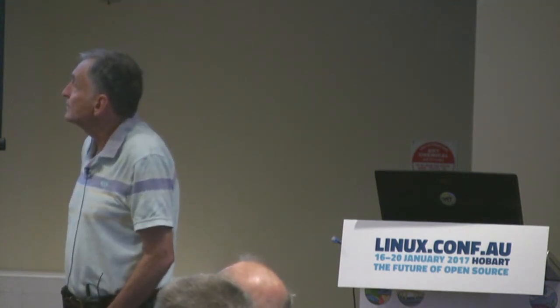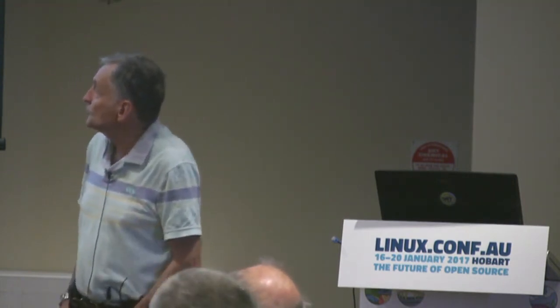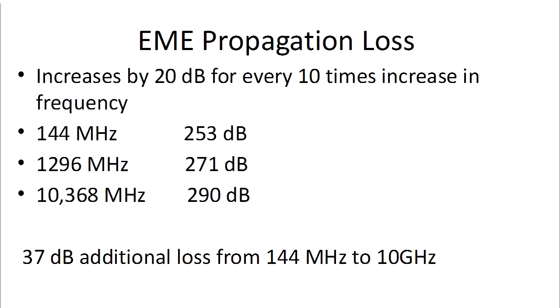Now, the first thing you notice is 144 megs, which is a ham band where a lot of EME is done, has 253 dB of propagation loss. You go to 10 gigs, and it's up to 290 dB.